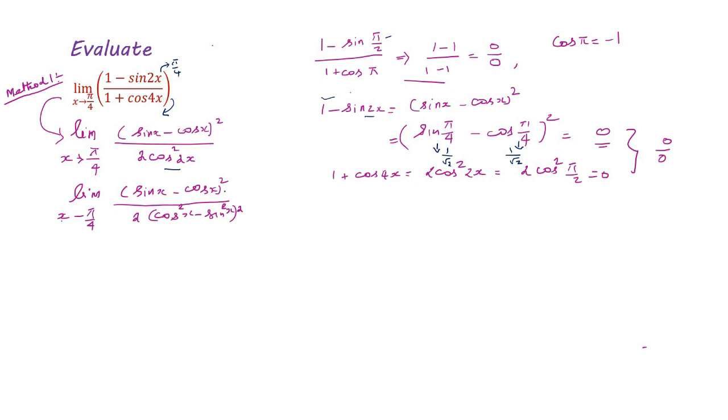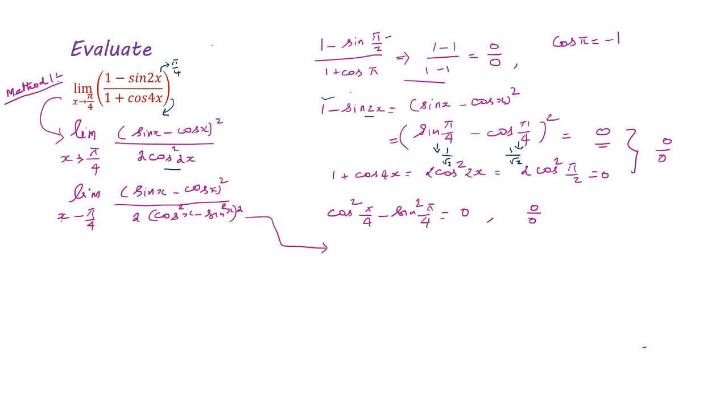Of course, we substituted already in the numerator, but the denominator we will now check. Again 0, right? Cos squared pi by 4 minus sin squared pi by 4 would be 0, because cos pi by 4 is equal to sin pi by 4, which is 1 by root 2. So further simplify, since this is an indeterminate form.